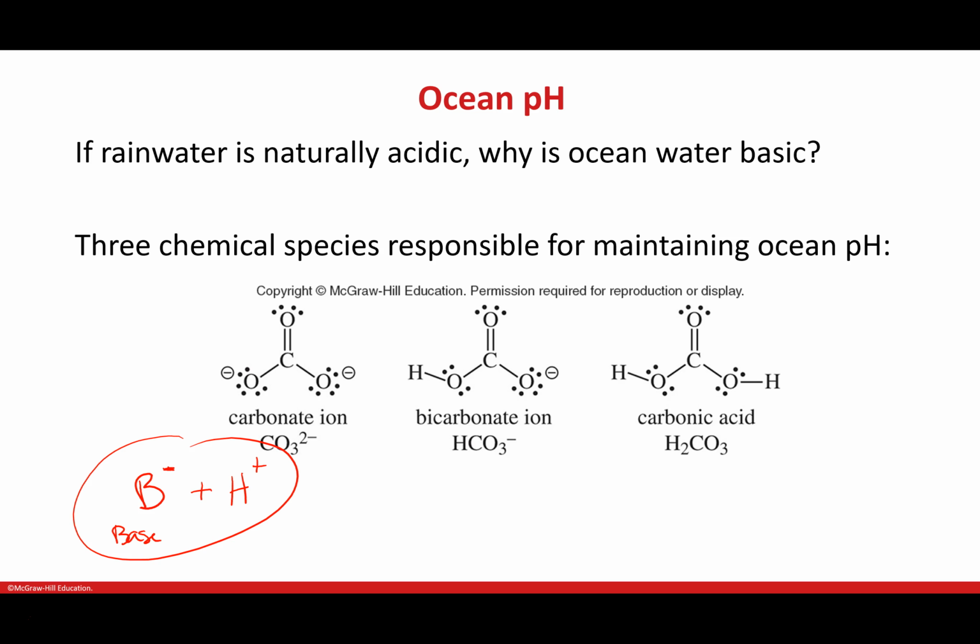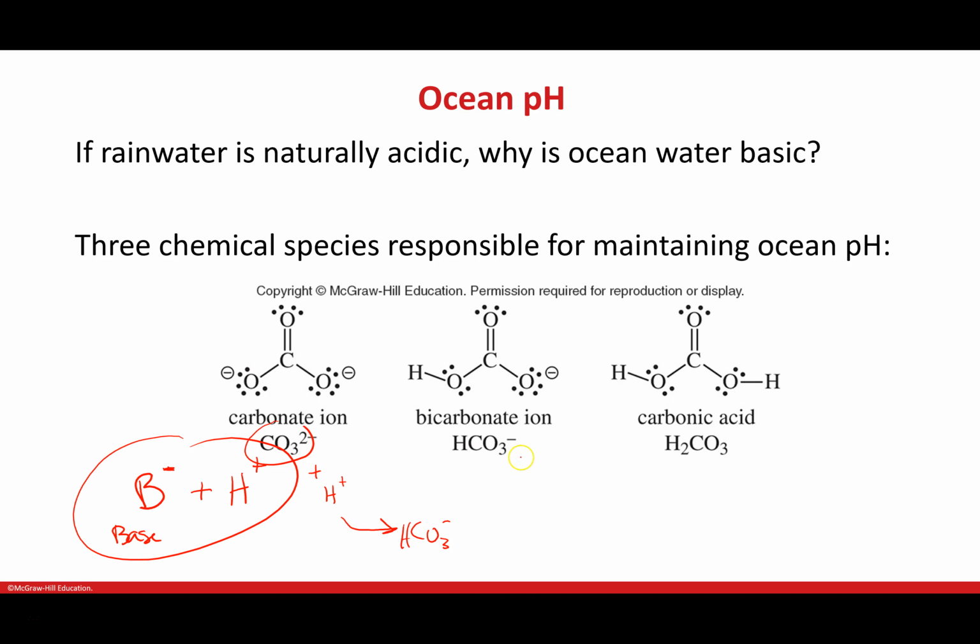What I started to say is, can you see where this guy right here, for instance, it wants to pick up, it'll even pick up 2 hydrogens. And when it does that, it is acting as a base. HCO3 minus 1 is what it's going to form.